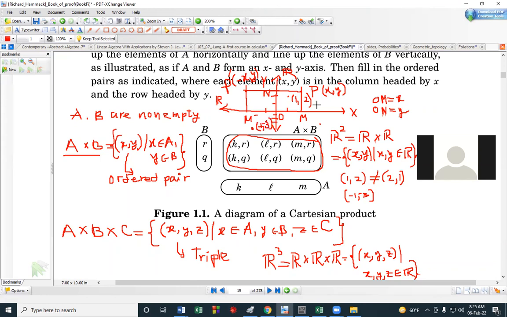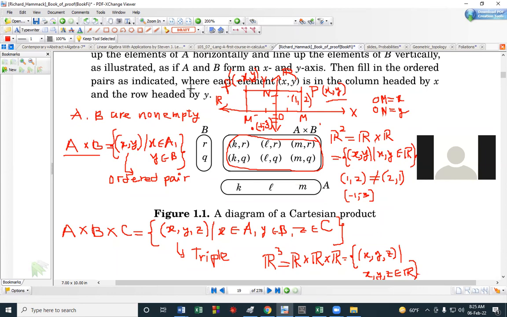So the scenario is you are given a position in the plane. You can measure its distance from the 2 axes and form an ordered pair to represent that position. And conversely, if you are given an ordered pair, then you can find the location corresponding to that ordered pair.